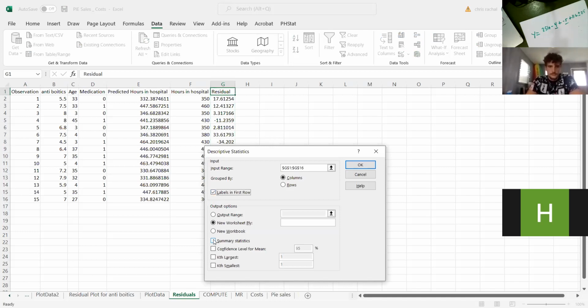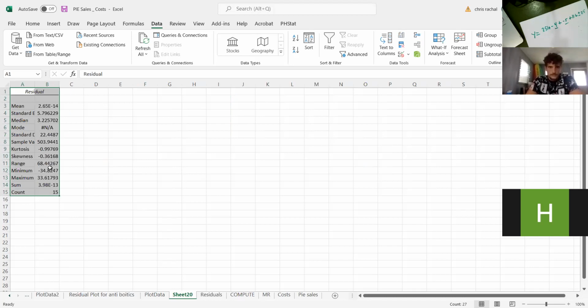Labels in first row, summary statistics. When we look at our skewness and kurtosis, it's okay, which means that our p-values are okay for the overall model and the p-values for each and every slope.